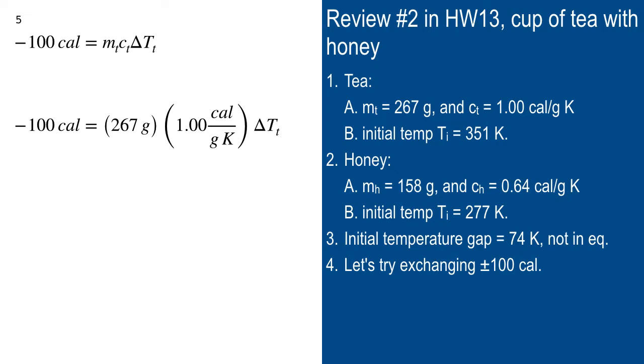But I'm not canceling the calories yet. I'm putting my two parentheses together on the right-hand side. This one's cinchy: 267 times 1.00 is just 267, and I've canceled grams, so I have calories per Kelvin in that first parenthesis. And on the left, I haven't done anything with the calories yet, but I'm going to do that in the next step.